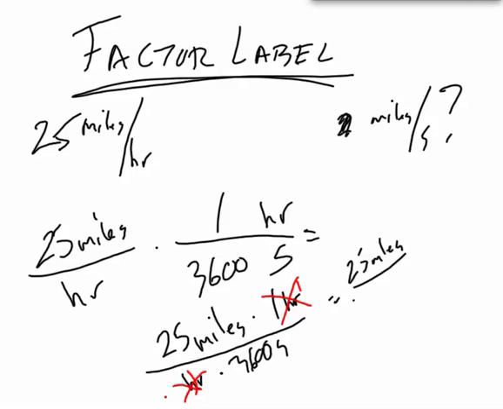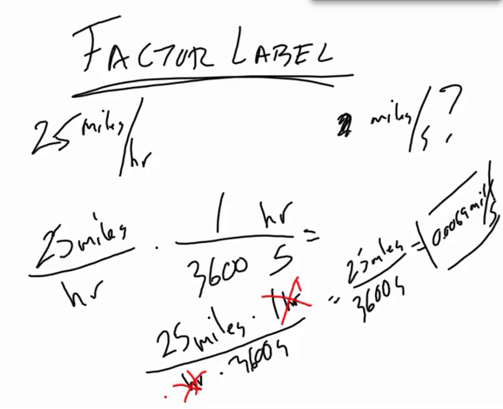And 1 times 3,600 seconds is 3,600 seconds. So 25 divided by 3,600 is what? 0.0069444444. 0.0069 miles per second. Okay?